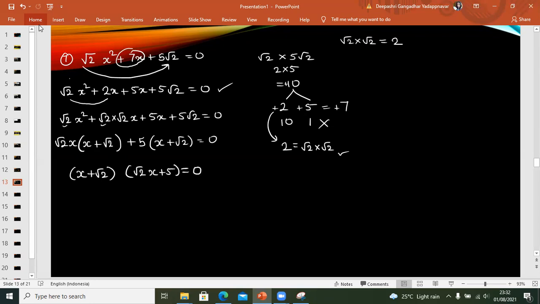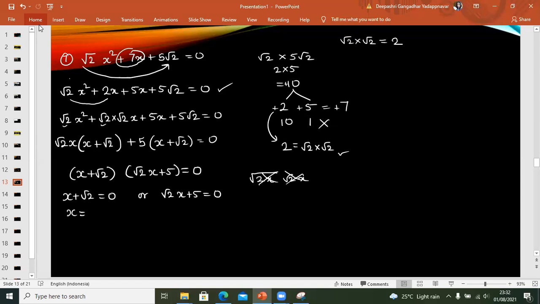While writing root 2 x, make sure that you are not writing it as root 2x. X should not come inside the root sign. X is outside the root. Okay. So we have to be very careful while writing the symbols also. Separate this. x plus root 2 equals 0 or root 2 x plus 5 equals 0.